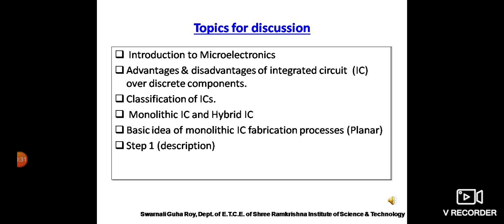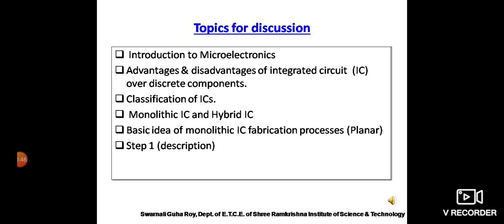These are the topics I will discuss in this lecture, starting with a brief introduction to microelectronics technology, followed by the advantages and disadvantages of IC over discrete components.